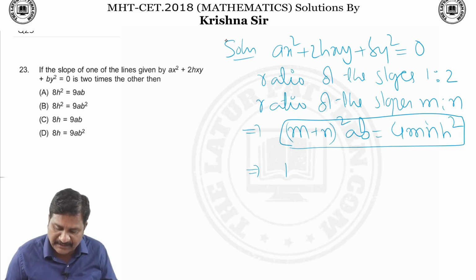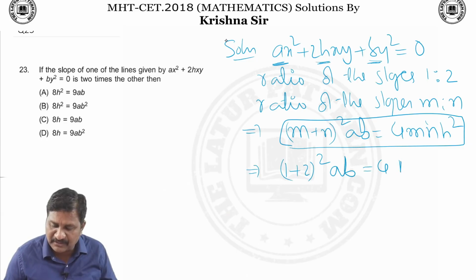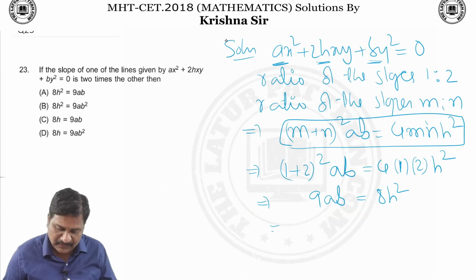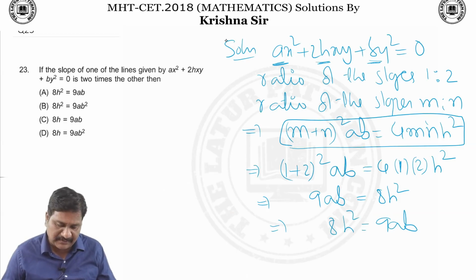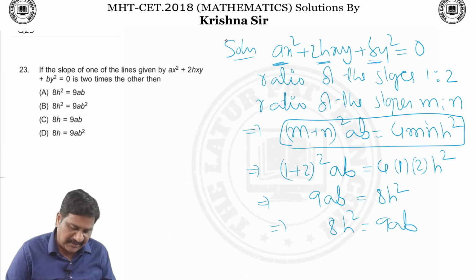We are substituting 1 plus 2 whole square, a is a only, b is b only, and h is h only. So 4 into m is 1, n is 2, h is the same. Then 3 square, 9ab, is equal to 8h square. So 8h square is equal to 9ab, which is our condition. So our option is A.